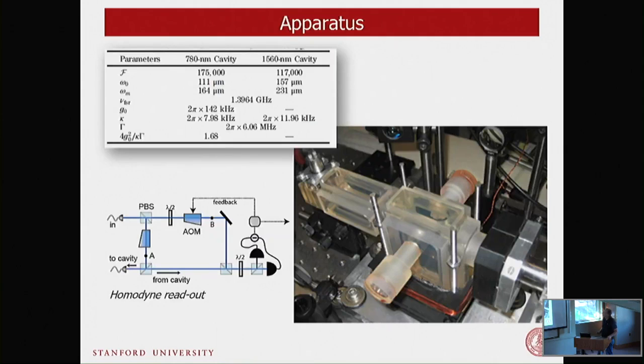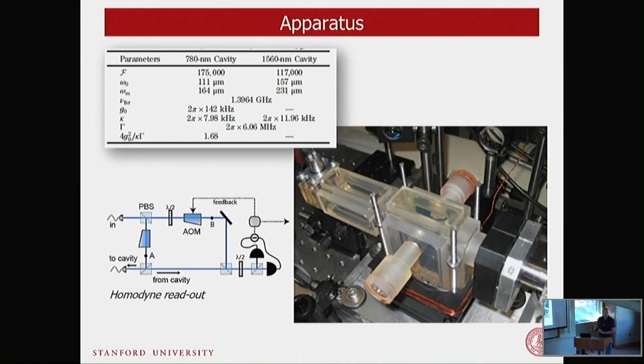This is what the apparatus looks like. The point of showing this slide is that in terms of apparatus complexity, it's not that much of a stretch to get to this point from where you need to be for other precision measurements. Basically, we add two mirrors to an otherwise standard laser cooling apparatus.